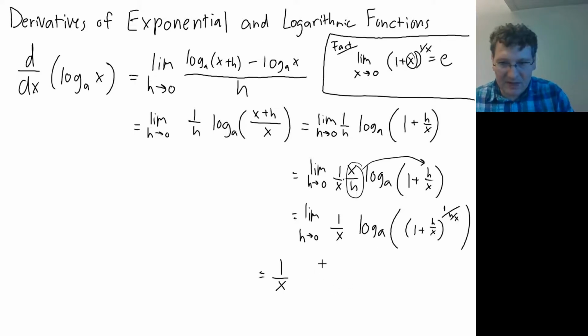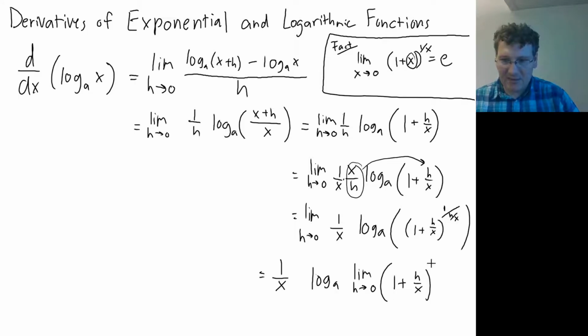Let's do it one step at a time. The logarithm base a of the limit as h goes to 0 of 1 plus h over x to the power 1 over h over x.